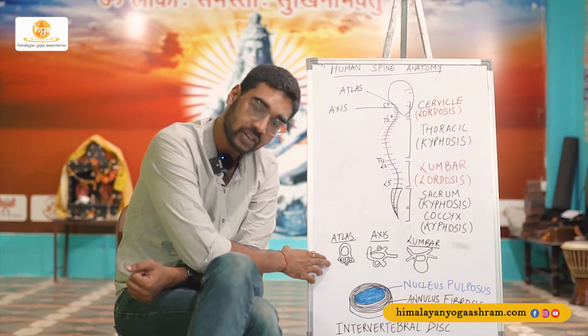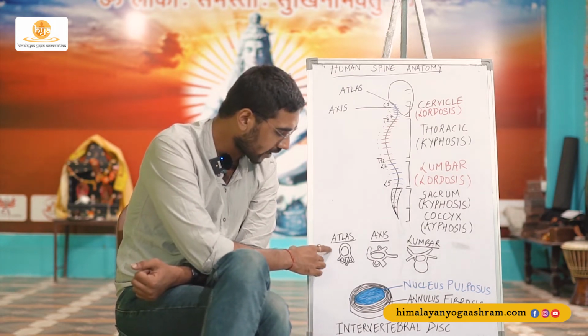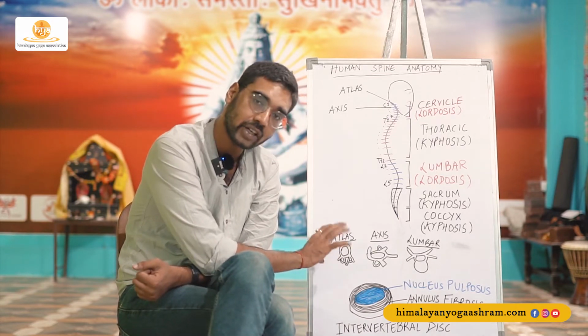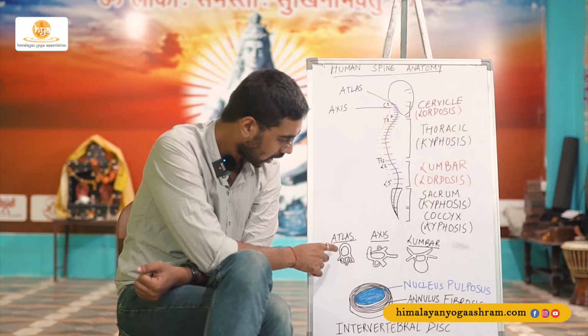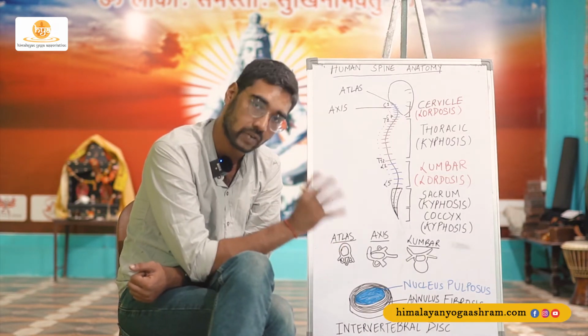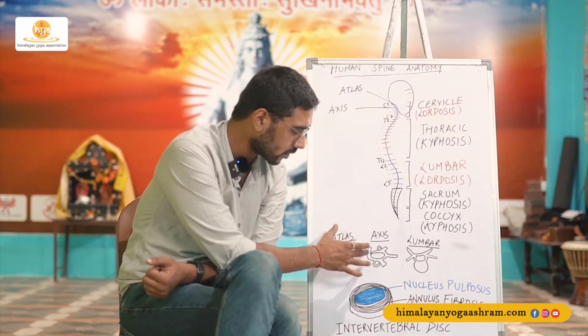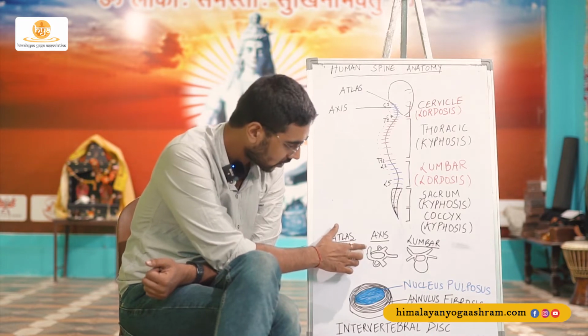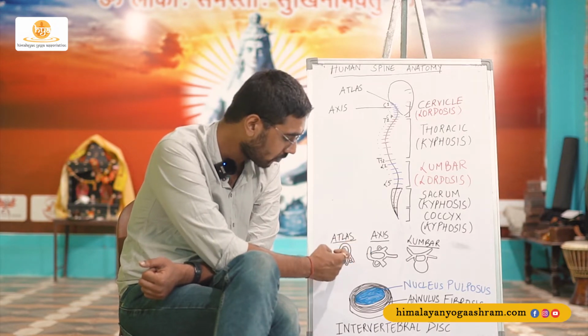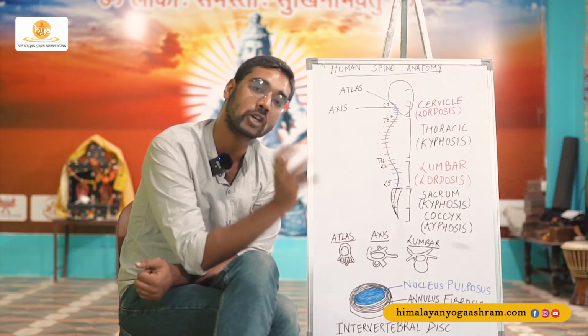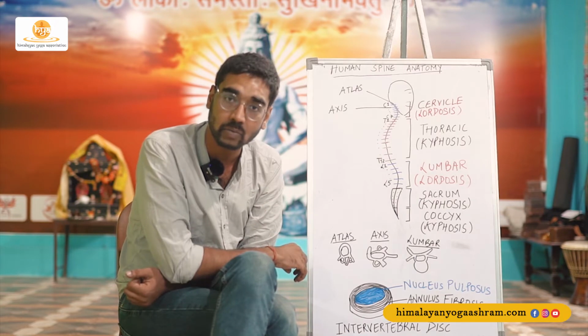If you pay attention over here, in the superior view of these vertebrae, the atlas bone has a complete huge ring to it, while the axis bone has a small bony knob which moves upwards and fits perfectly into this huge ring of the atlas bone.